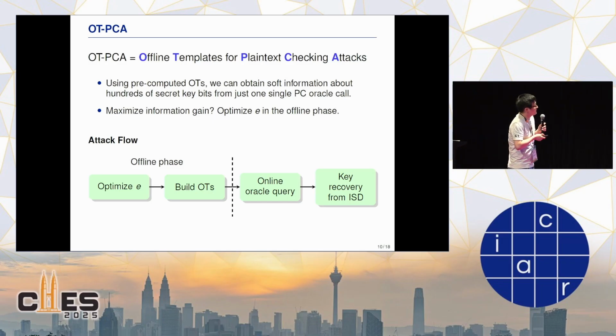So in this way, we introduce this OTPC framework, called offline templates for plaintext checking attack, or Oracle-based attack. The idea is that we use these pre-computed OTs. We can obtain soft information about hundreds of secret key bits from just one single PC Oracle call, and we need to do some optimization to maximize this information gain.